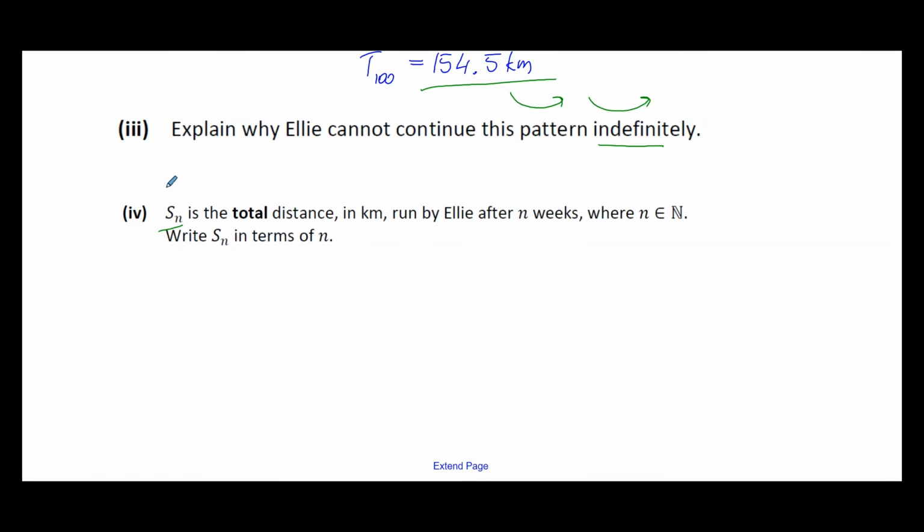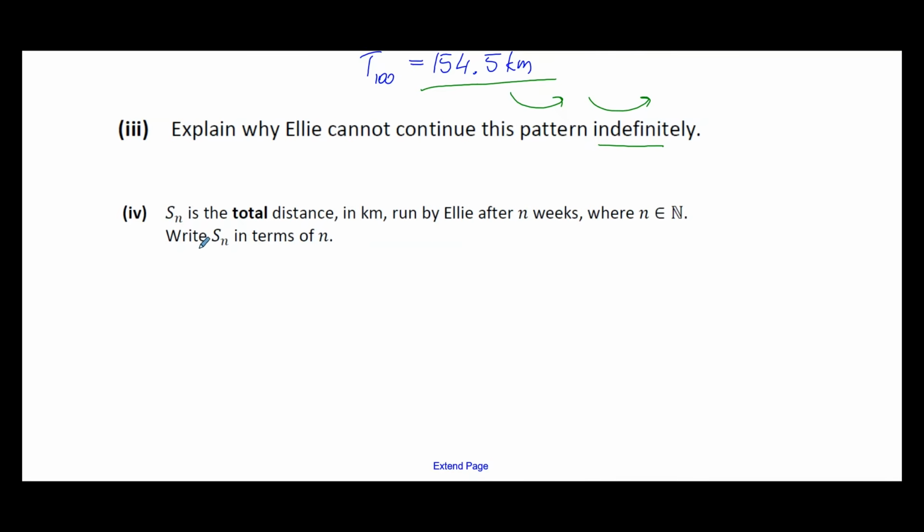So let's say S8 is the total distance in kilometers run by Ellie after 8 weeks, where 8 belongs to N. So that makes sense. We understand that this is how much in total she ran by a specific number of weeks. Now, I absolutely made those numbers up, so I don't know how much she ran in 8 weeks.